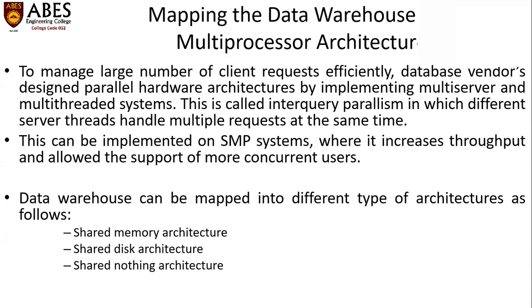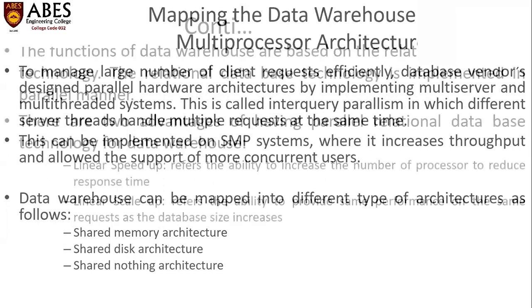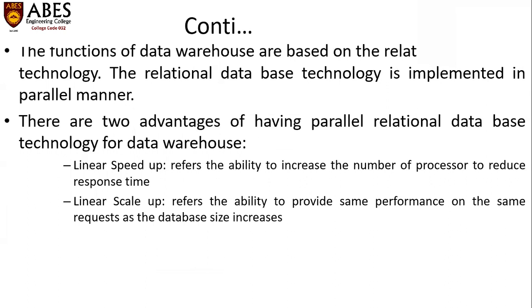This is called inter-query parallelism, where different server threads handle multiple requests at the same time. The functions of a data warehouse are based on the relational database, and usually the data is applied in a query manner. There are two advantages of having a parallel relational database. It gives the facility of linear speed up as well as linear scale up.